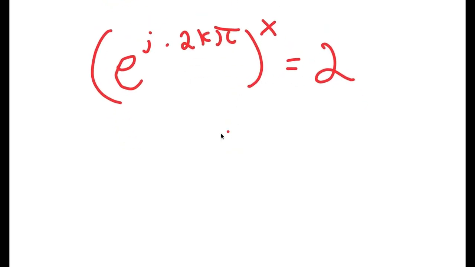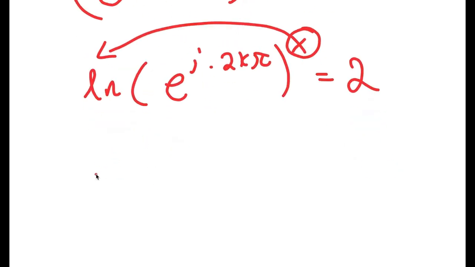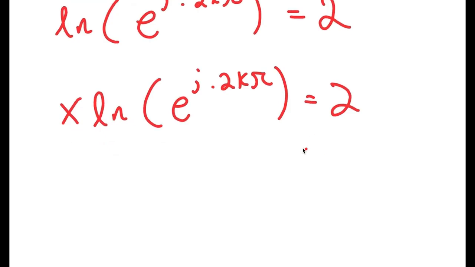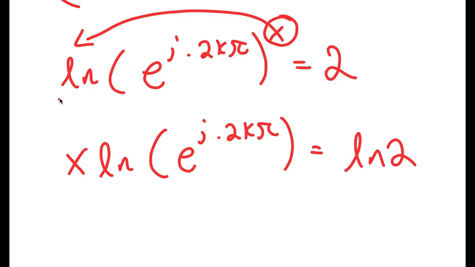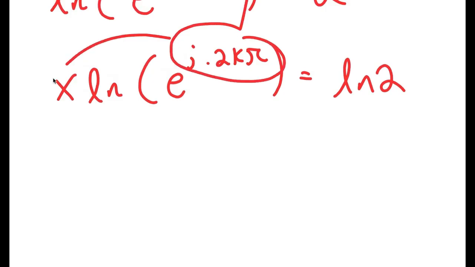And now, with this, I'm going to take the ln, or natural log, on both sides. So I have ln of e to the power of i times 2k pi, to the power of x, is equal to ln of 2. So I'm going to now bring this x down using the property of natural logarithms. So I get x times ln e to the power of i times 2k pi is equal to ln of 2, because if you take ln on one side, you have to do the other side. And now I can also move i times 2k pi to the front.